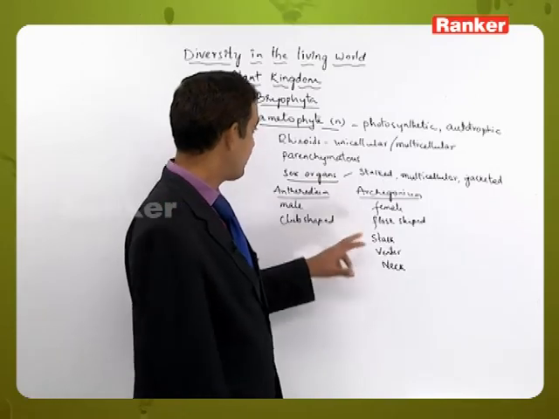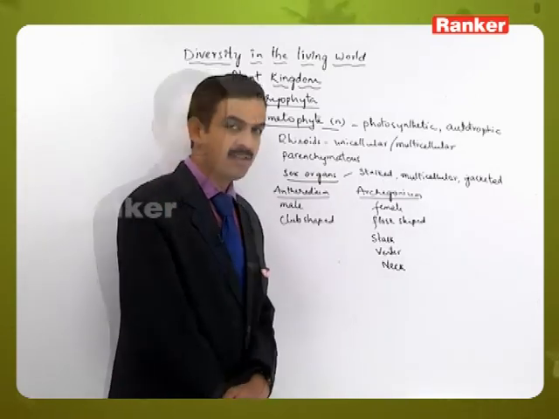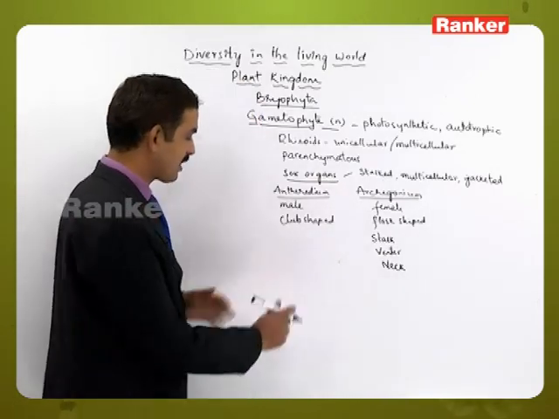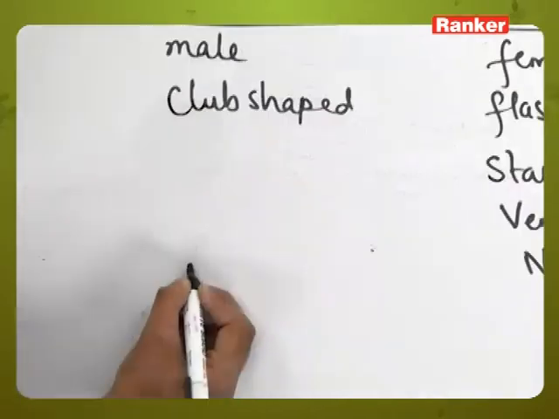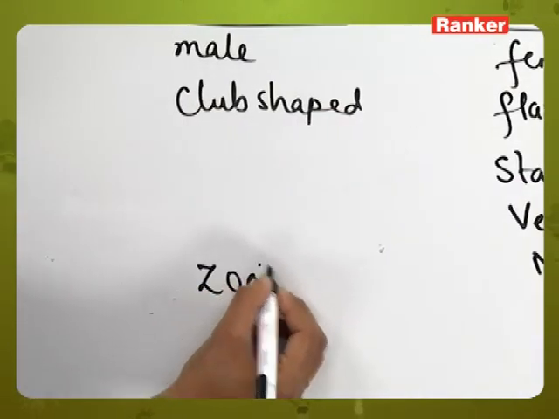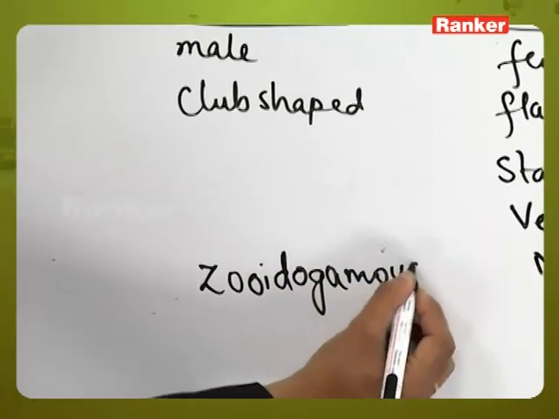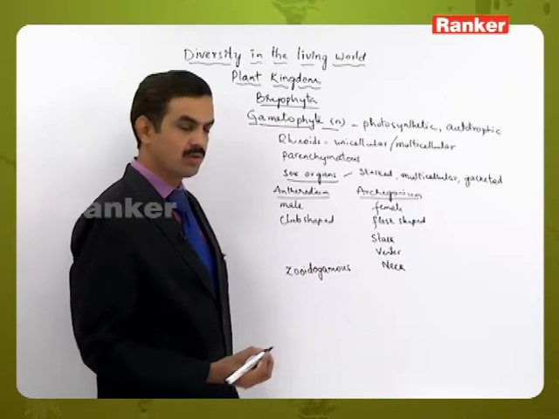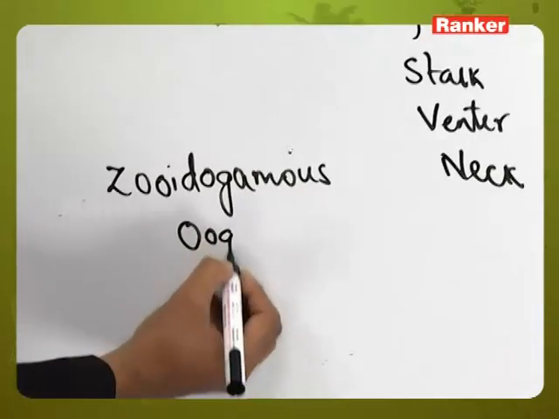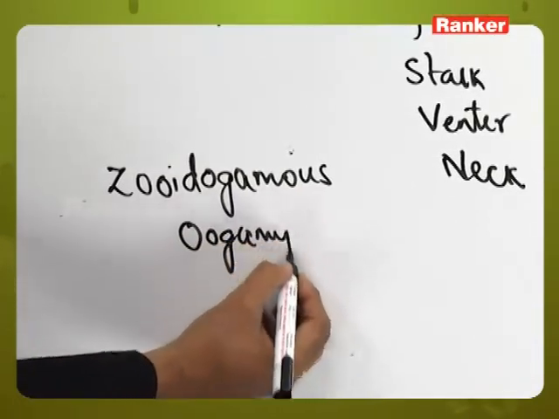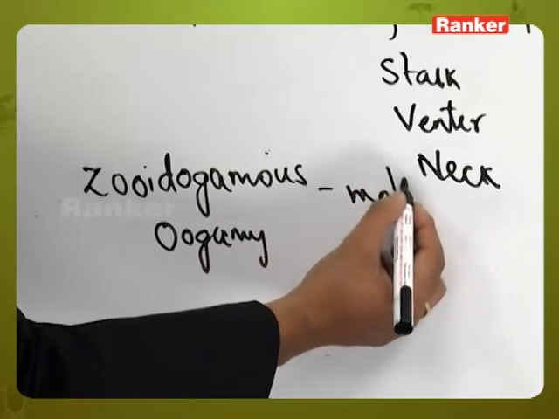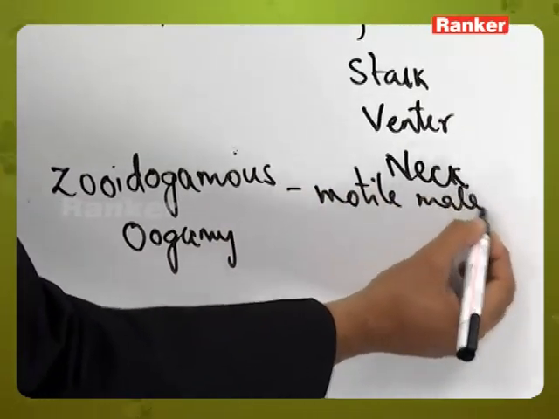So likewise the sex organs are produced. The male and female sex organs will participate in the reproduction. The reproduction is called zoidogamous oogamy, because zoidogamous means motile male gametes are present.